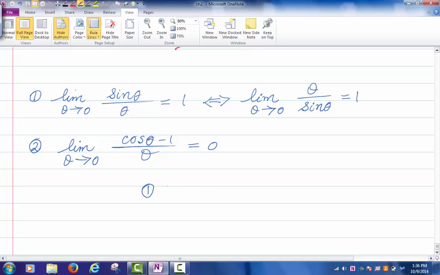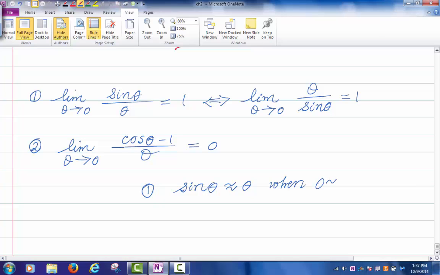Sometimes in applications, I have seen at least in one place when I took a physics course a long time ago, in optics, they use an approximation of sine theta when theta is small.